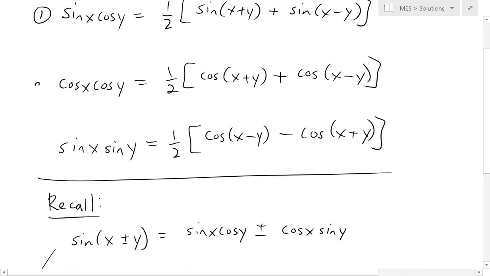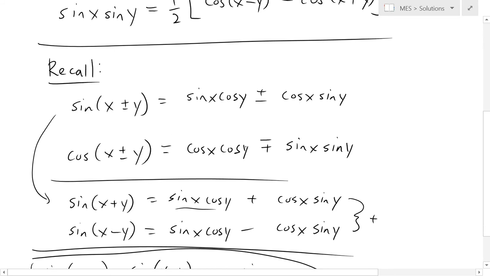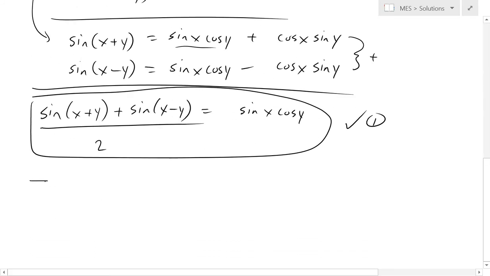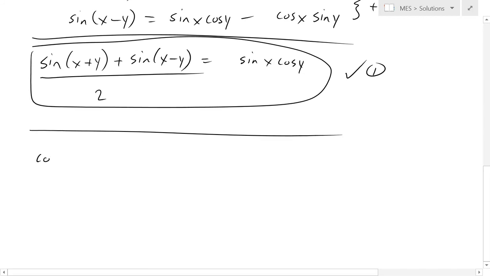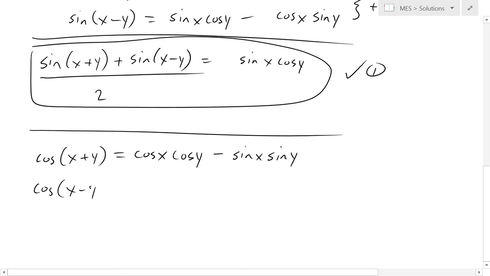So now let's solve equation 2, which is cos x cos y. That appears right here, so we could use this equation to solve it. We'll write those two equations. Cos of x plus y equals cos x cos y, and this is going to be a minus. Remember, when this is a plus, this is a minus. Sine x sine y. Now we write the second part of it, the negative part, x minus y.